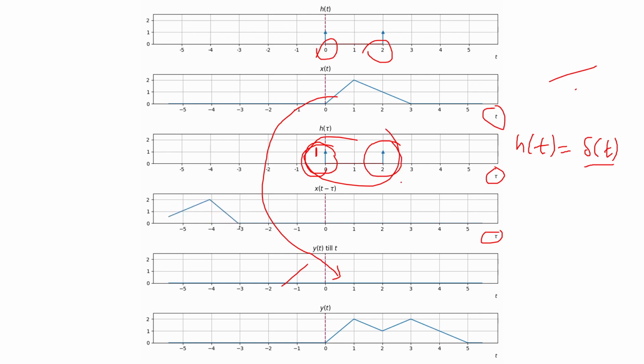So the output at some time points will be a combination due to both of these, because when x(t minus tau) overlaps with this and that, those will have to be summed up. It doesn't happen yet. Right now it is happening. Can you see that? Right now it is happening. So that's why this combination is there. Okay. So I hope that point is clear for you.